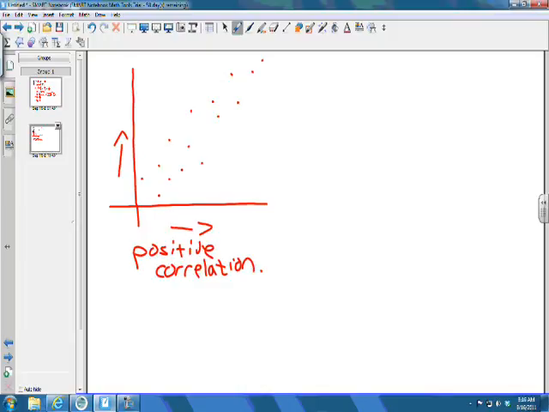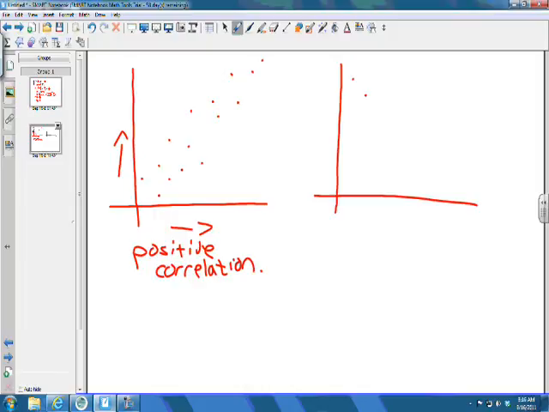I think the Algebra 1 book had an example of diving. The deeper that you dive or go under the water, what does the pressure do? Increase. So that has positive correlation. The deeper that you go, the pressure would increase the same.